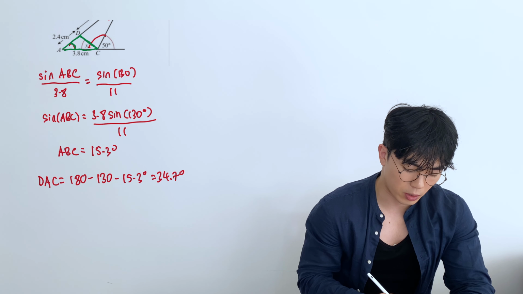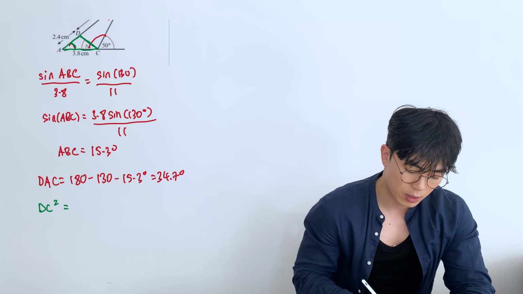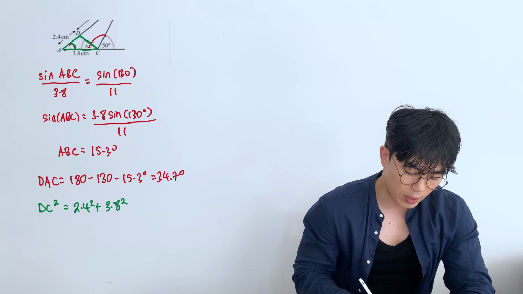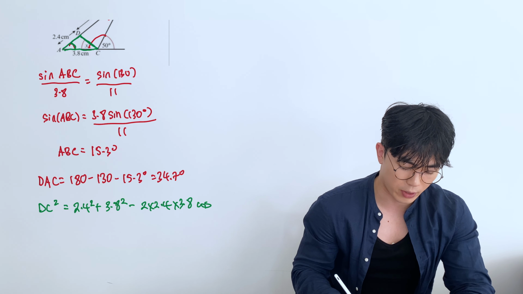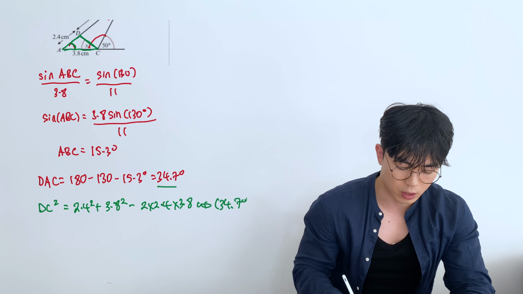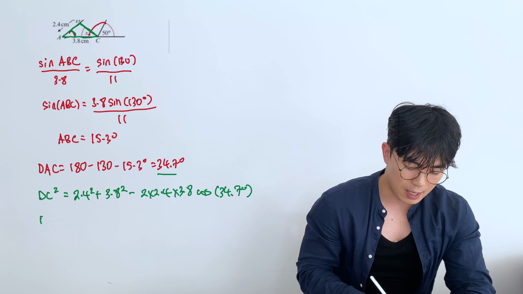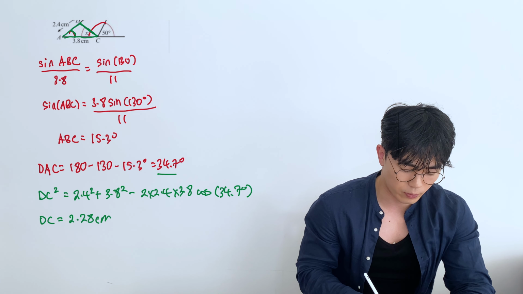So DC squared is equal to 2.4 squared plus 3.8 squared minus 2 times 2.4 times 3.8 cosine the angle DAC, which we found as 34.7. And if we work this out, DC comes out to be 2.28 centimeters.